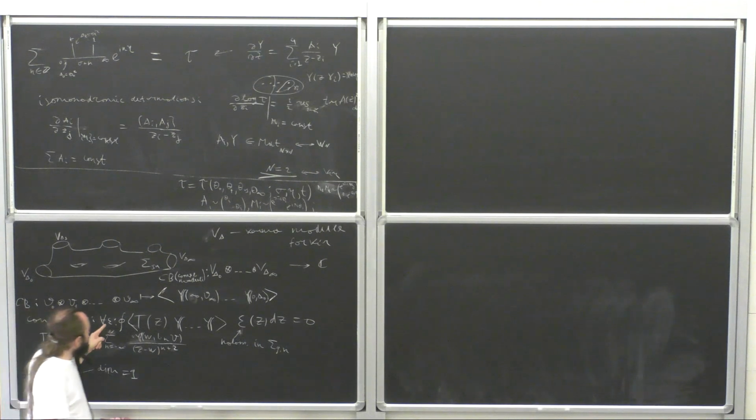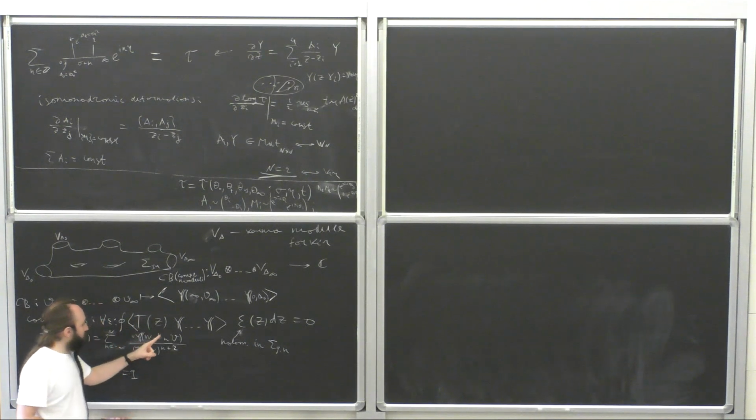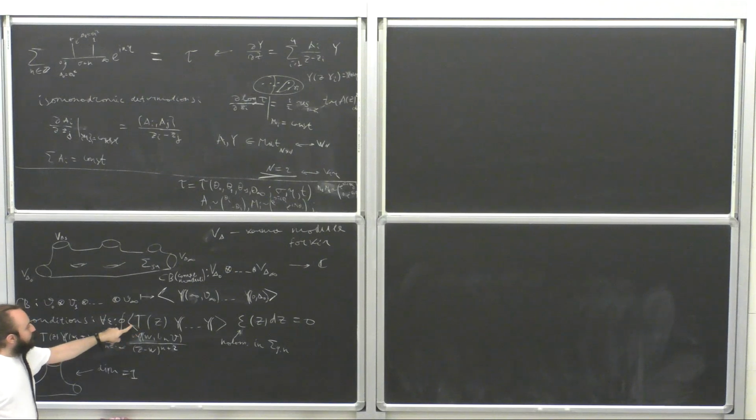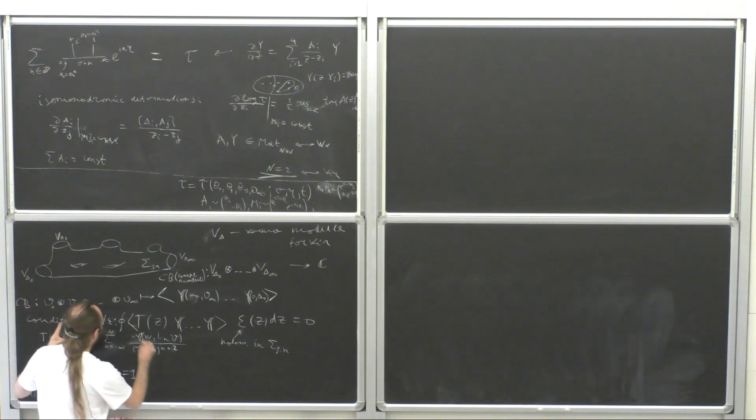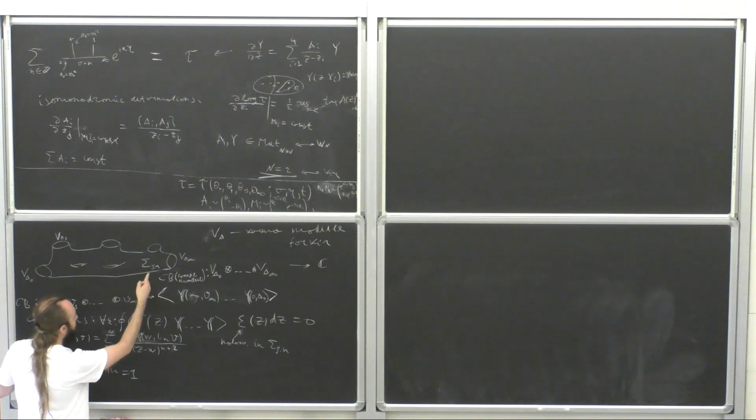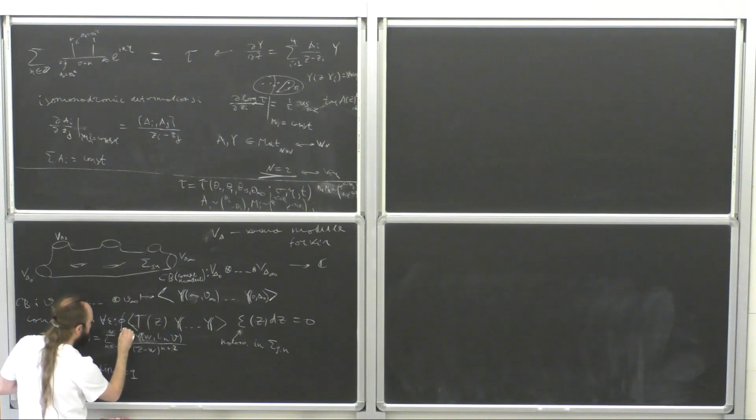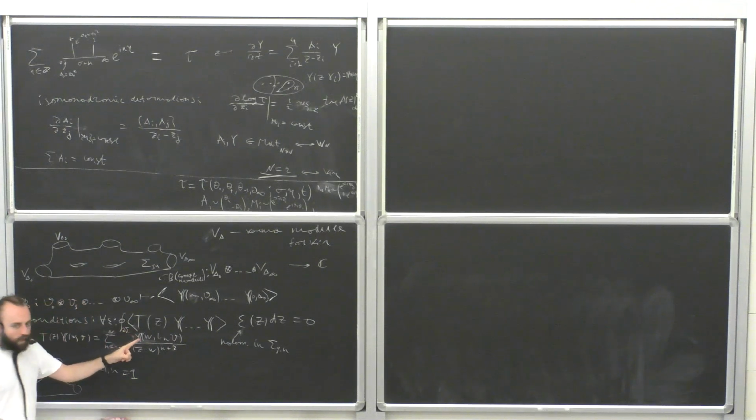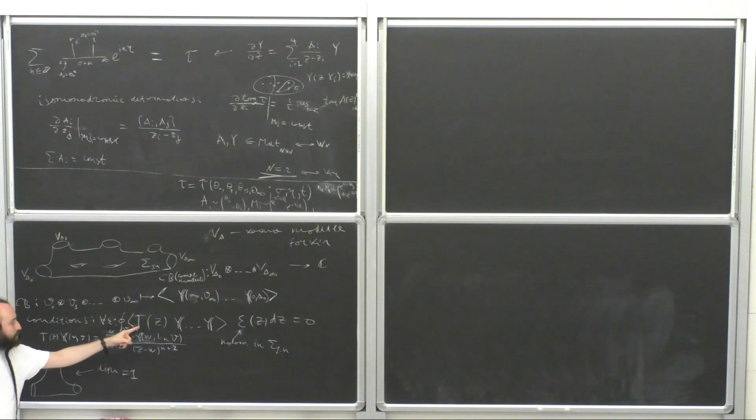It means that, well, better to say that I did not say where to integrate this. It is an integral over the boundary of this sigma. So this integral should be understood like this.